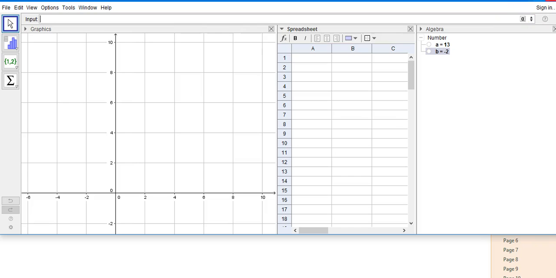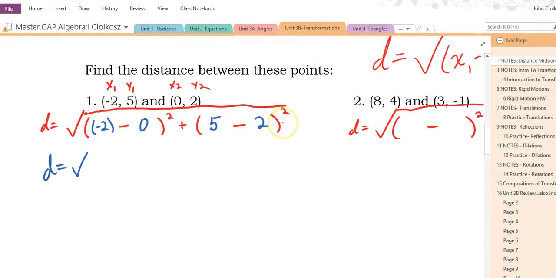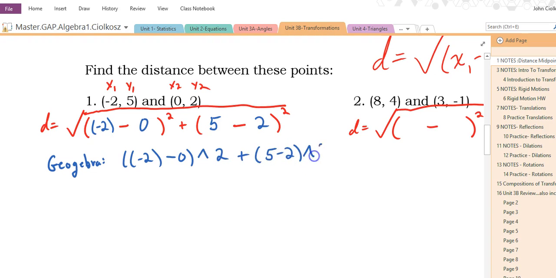Okay, I'm just going to write it out because my computer's being a bit buggy here. So, what we're going to type in, I'm just going to show you for the calculator part here. So, in GeoGebra, or in your calculator, just like that.